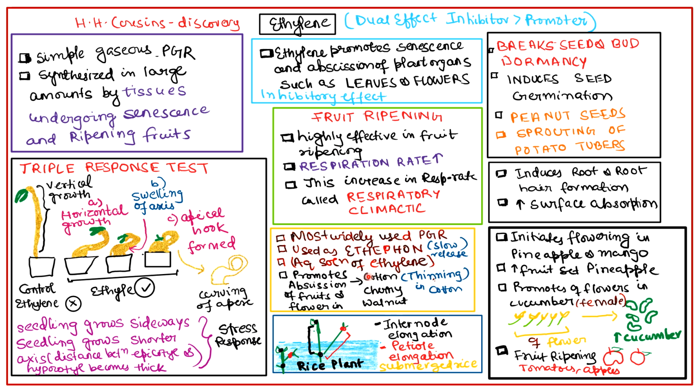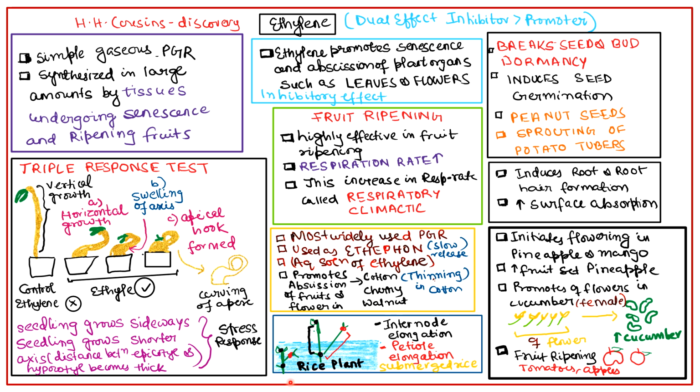Now, we saw that it promotes abscission of fruits and flowers in cotton, cherry and walnut. CCW: cotton, cherry, walnut. In cotton, it is also called thinning of cotton. Next physiological response is in the case of rice plants.